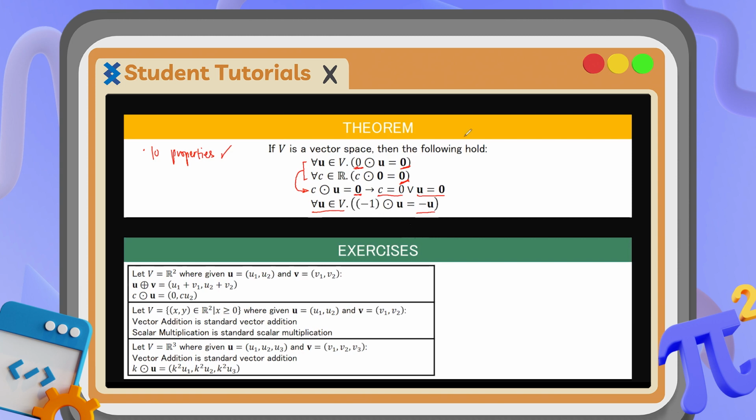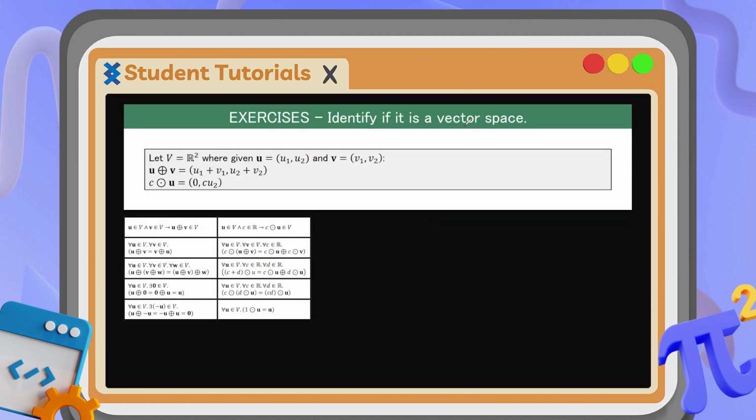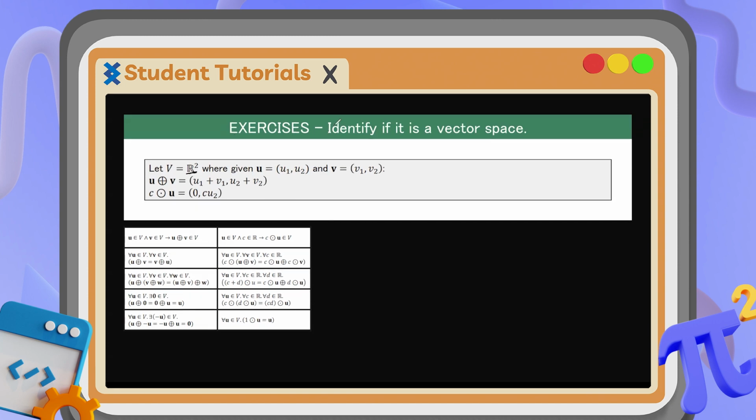So let's try these exercises. For this video, we will only tackle the first two items. First, we need to identify if the set, given the operations, is considered to be a vector space. So we consider, in this example, our set to be R squared, wherein we have two vectors, u and v.